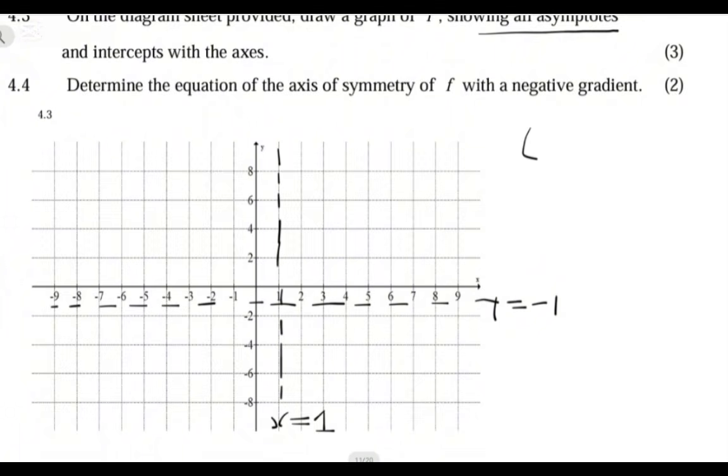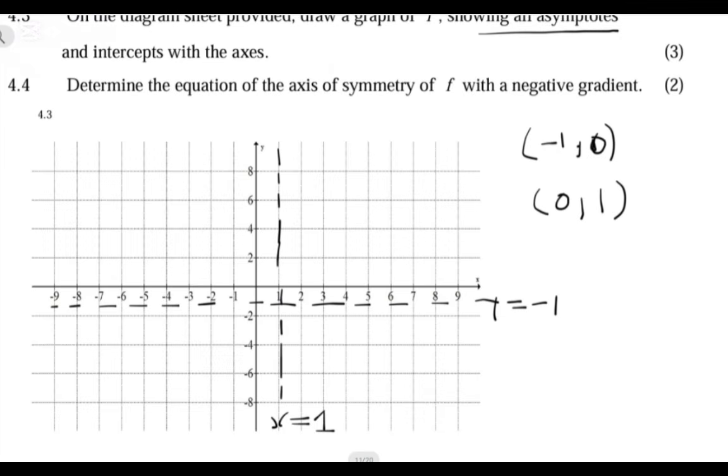So the x-intercept here is -1 and 0, and then the y-intercept is 0 and 1. This is the y-intercept that I have. So then I'm going to just put it.